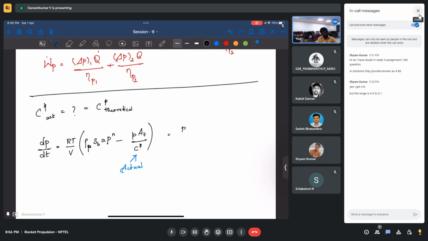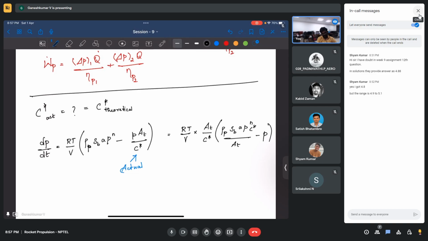Then you take C star outside, AT and C star outside. So RT by V into AT by C. So propellant burn rate, AT, minus P. This is what happened.